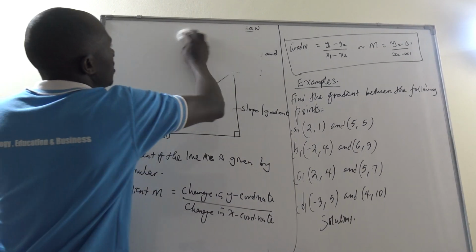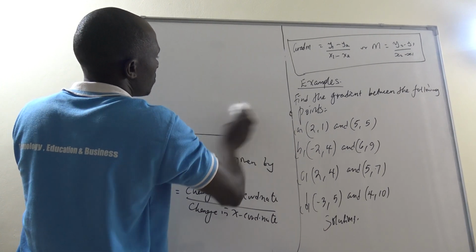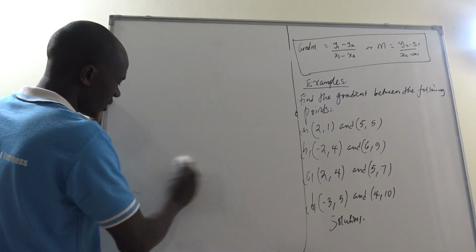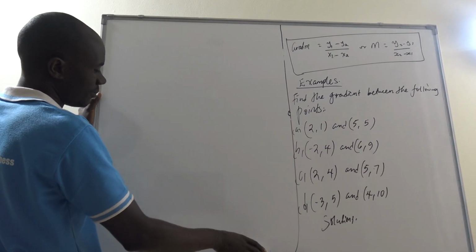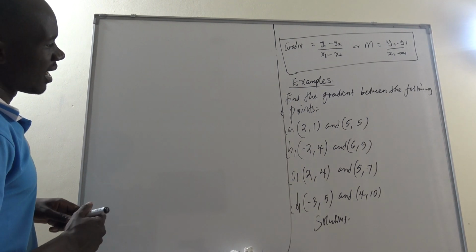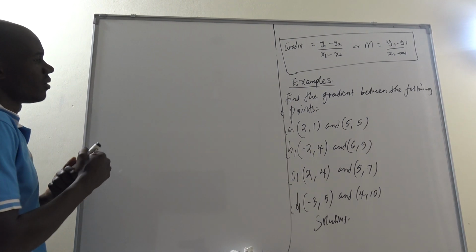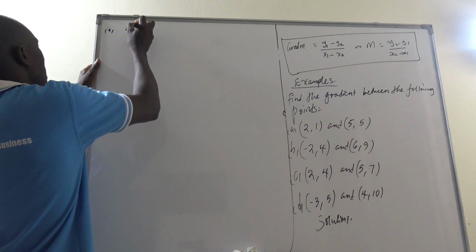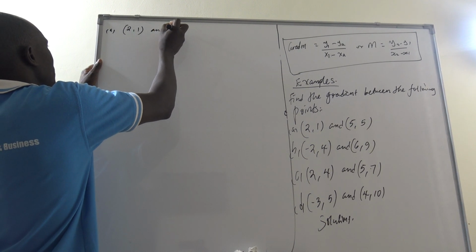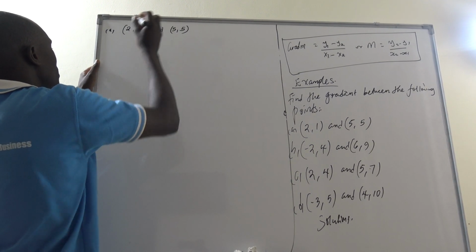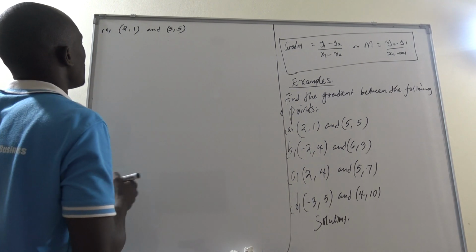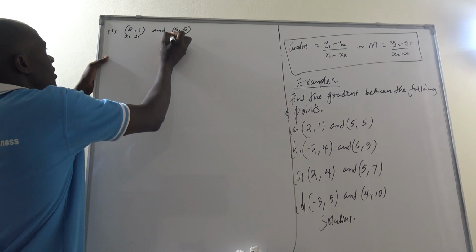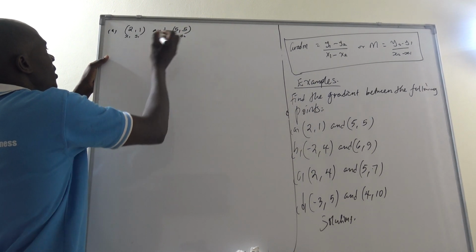So they have said find the gradient between the following points. Another term for gradient is slope. The first part is find the gradient between 2, 1 and 5, 5. You have got two coordinates, you can baptize them. This is x1, y1. This is x2, y2.